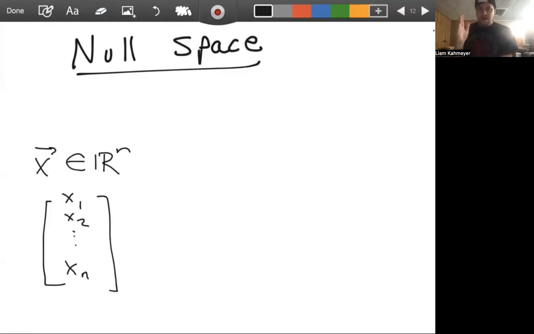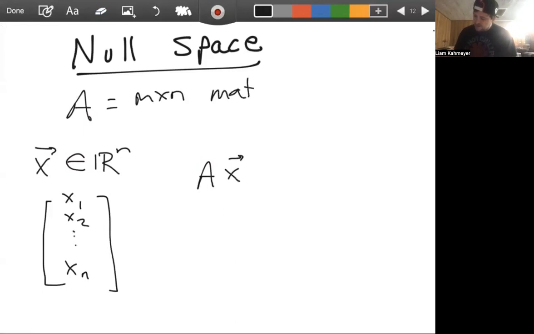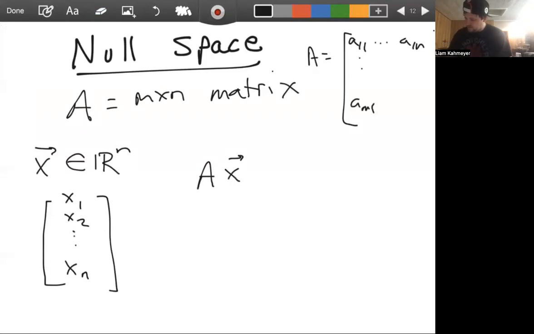And when we have this vector and we apply a matrix to it, AX, let's let A here be an M by N matrix. If you'd like to see it in coordinates here, I could say A11, A1N, blah, blah, blah. We've done this a lot, right? And if you'd like to see it written explicitly.